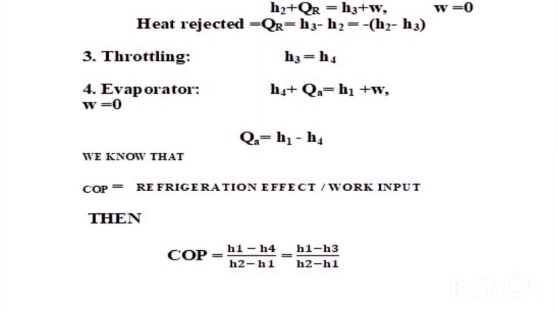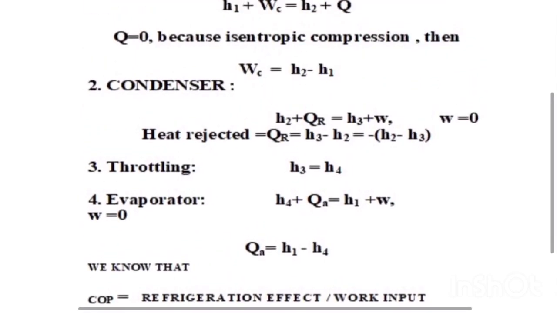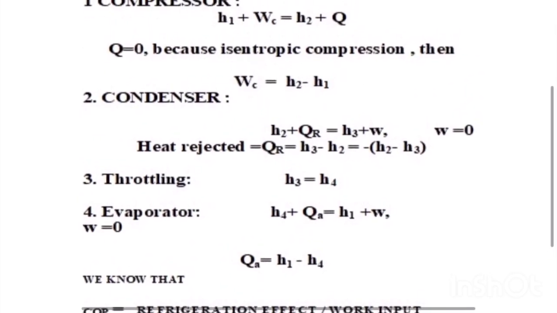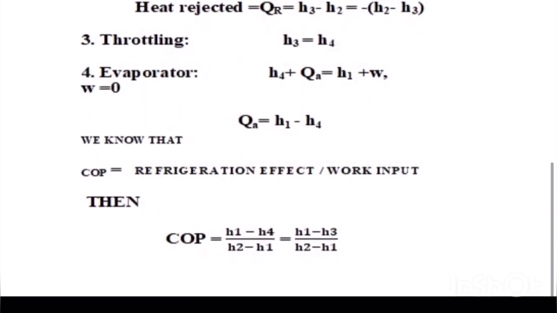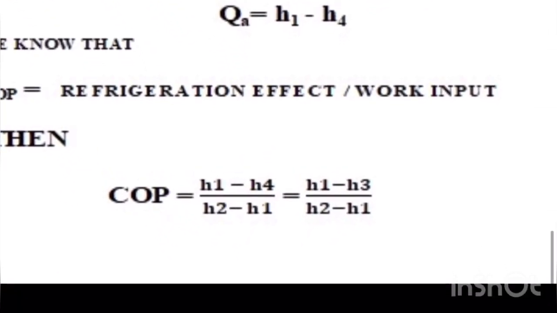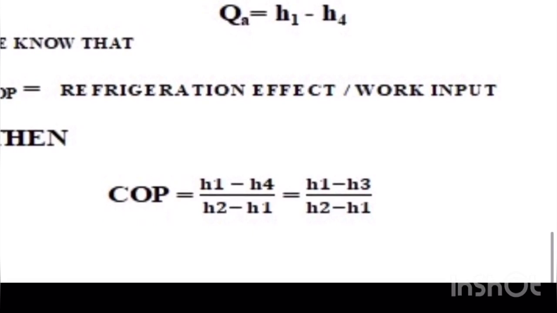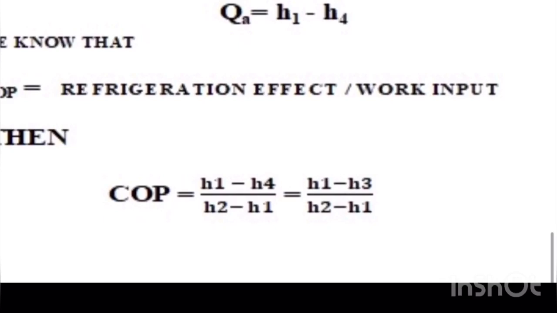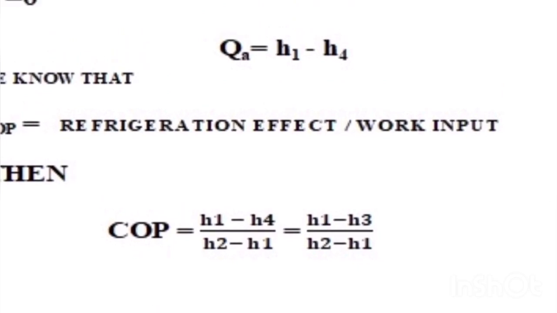We are giving the work input in the compressor, where we have calculated W c equal to H 2 minus H 1. So, COP equals H 1 minus H 4, which is the refrigeration effect, divided by H 2 minus H 1, which is the work input in the compressor. We can also write this as H 1 minus H 3, because H 3 equals H 4, divided by H 2 minus H 1. So, this is the COP of the VCRS system.